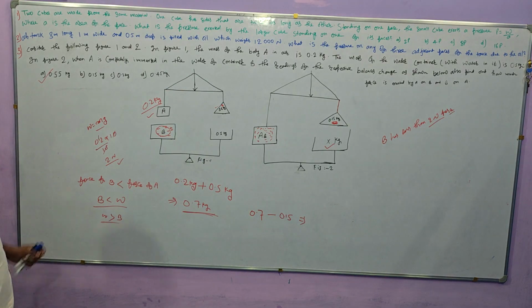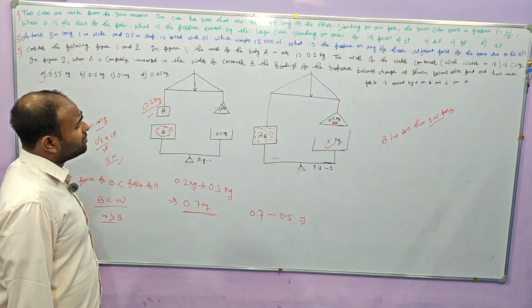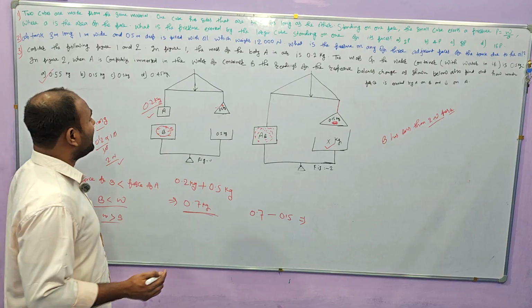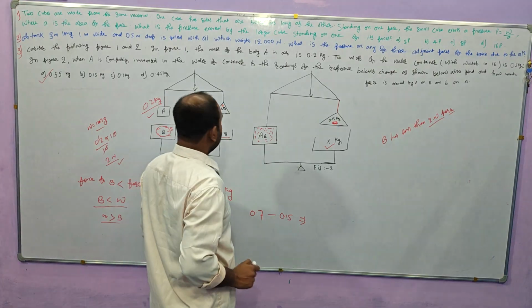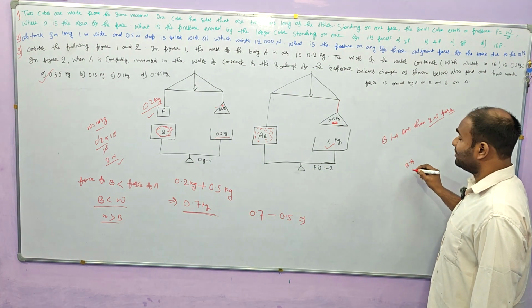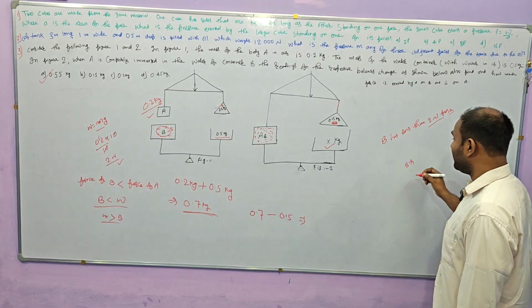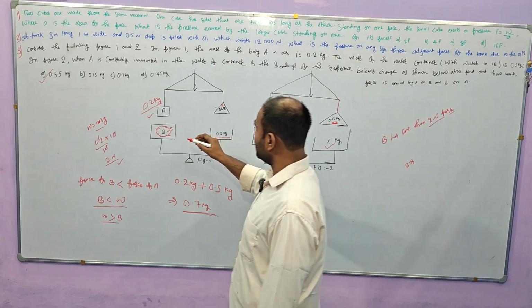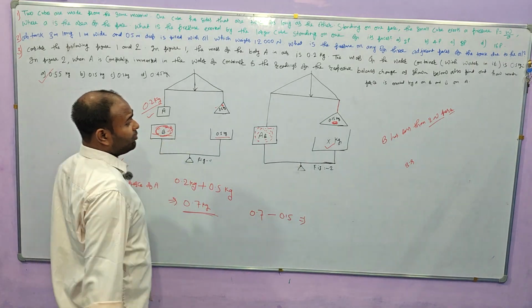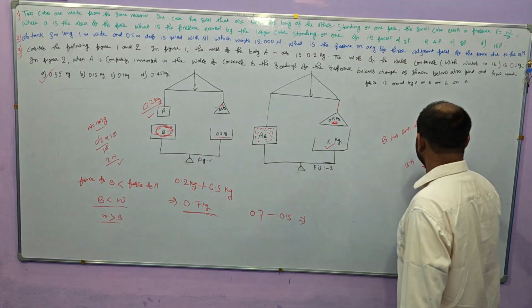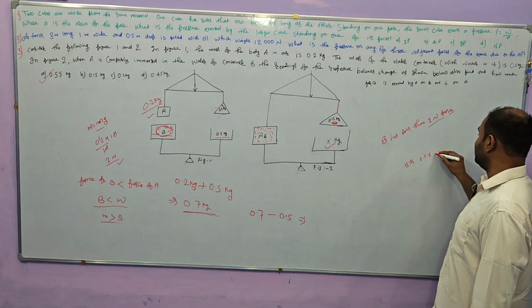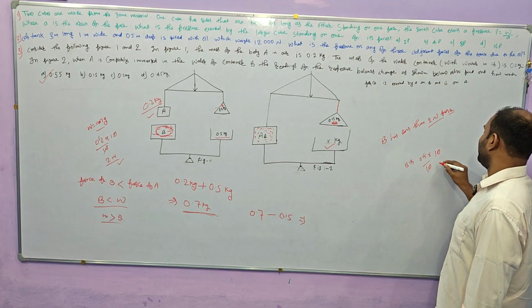And whenever we are talking about how much force is exerted by B, we can't simply say that we have a weight 0.5 kg. The container B has a weight 0.5 kg, and that is liquid, water, inside container B. So we can't simply say that we have a mass 0.5 kg and acceleration 10, that means we have 5 Newton.